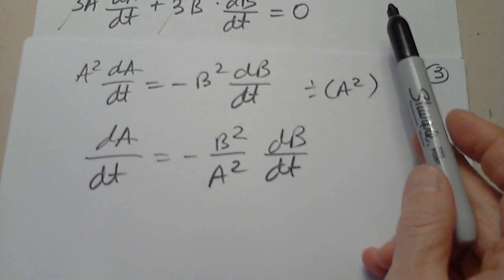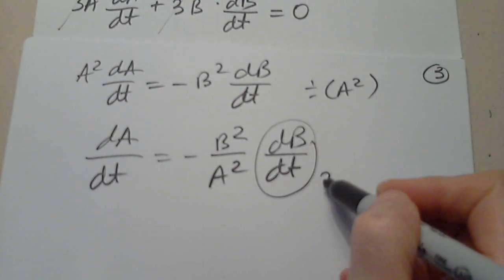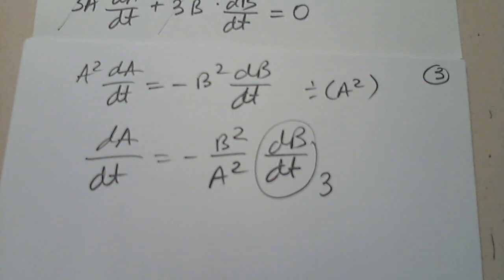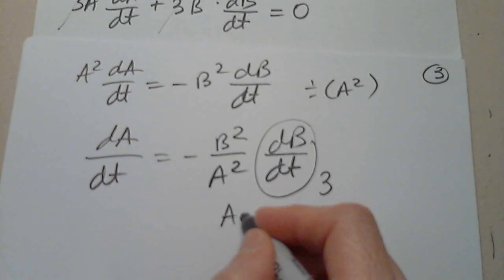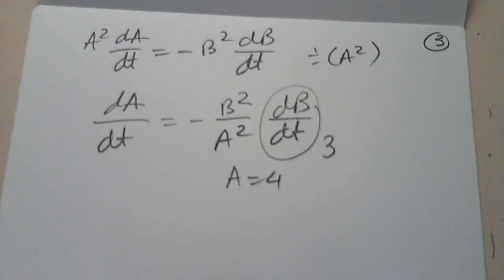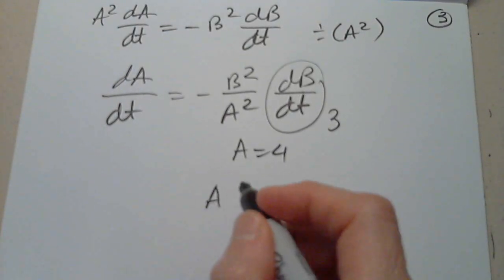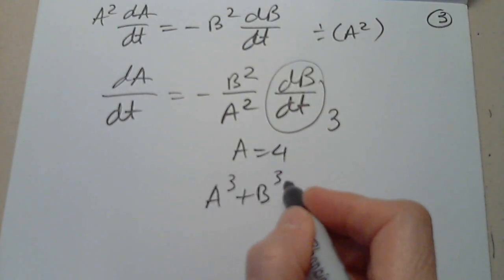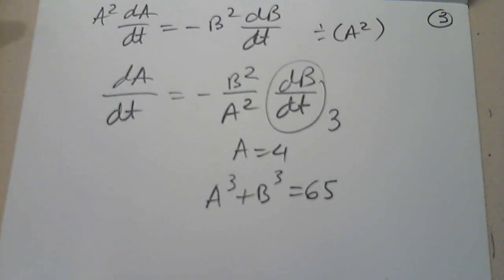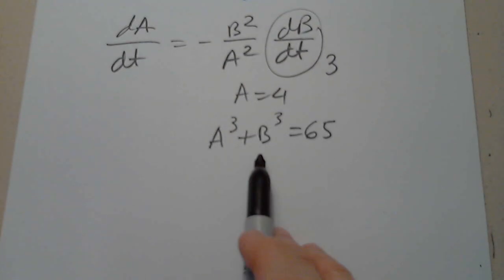We are given dB over dt, this is 3, and a equals 4. And the equation we started with was this. If I am given a, I can determine b.